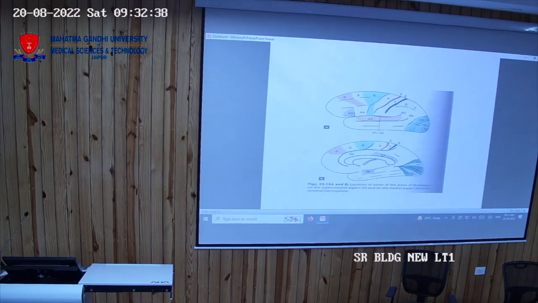So this is motor aphasia. Afterwards, we now come to the primary sensory area, that is area number 3, 1, 2, just posterior to the central sulcus. This area is called the primary sensory area.